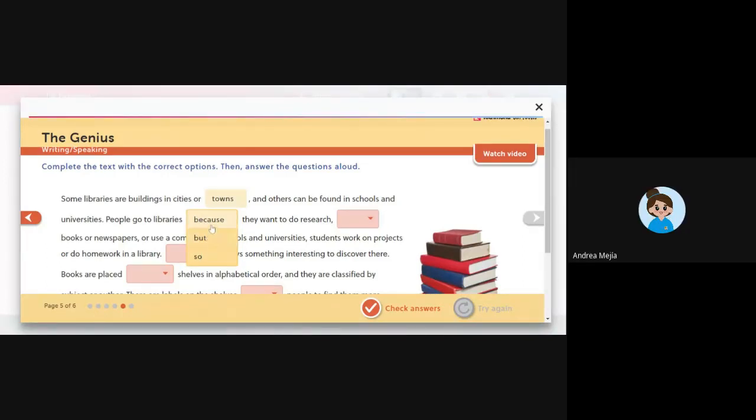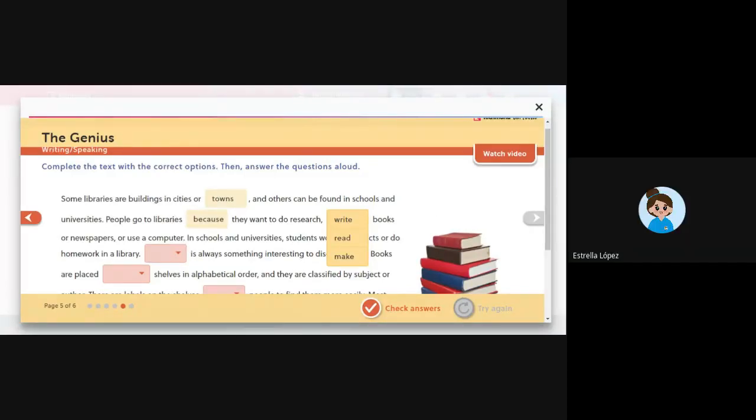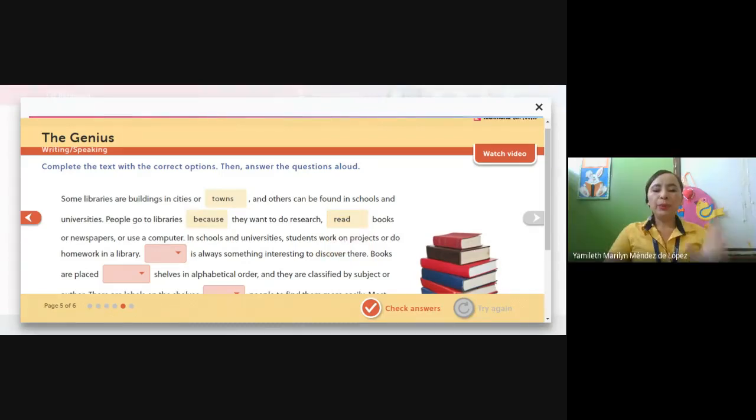Because they want to do research. Then we have write books, read books, or make books. Read books or newspapers, or use a computer.